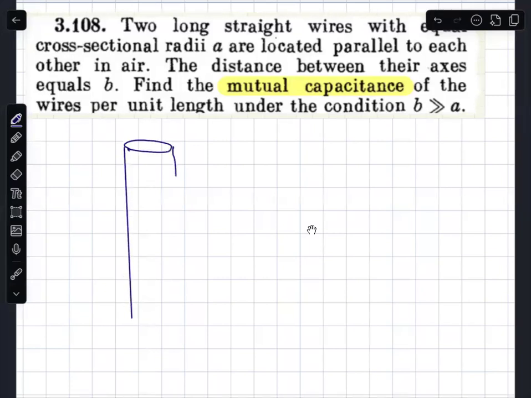So only for your understanding, I am drawing a portion of that. This is not the complete portion. I'm just showing a portion of that.